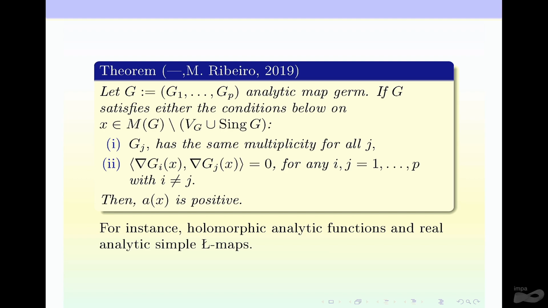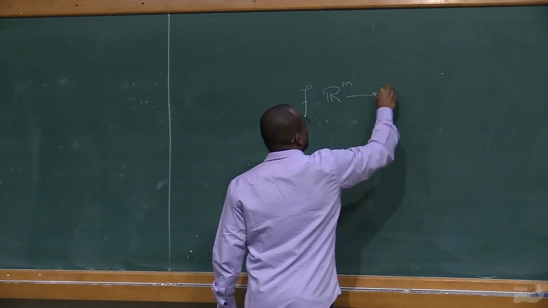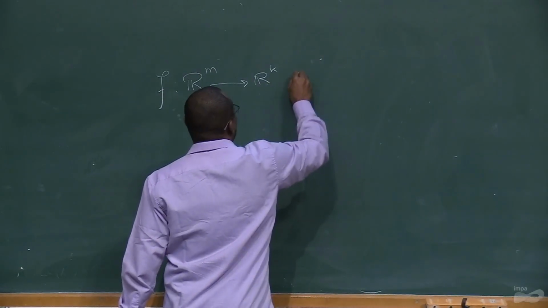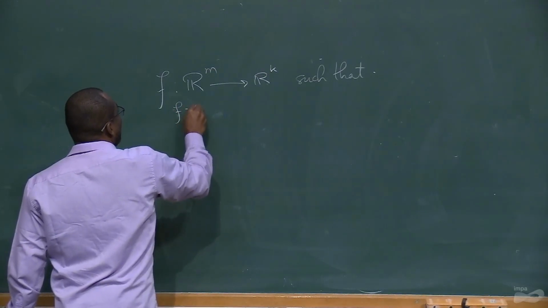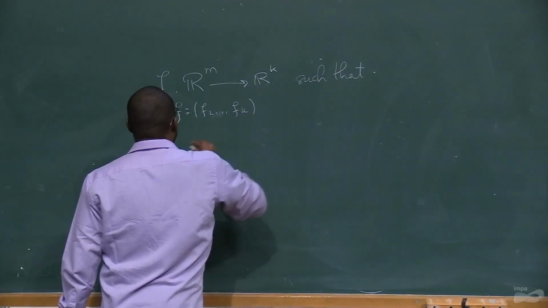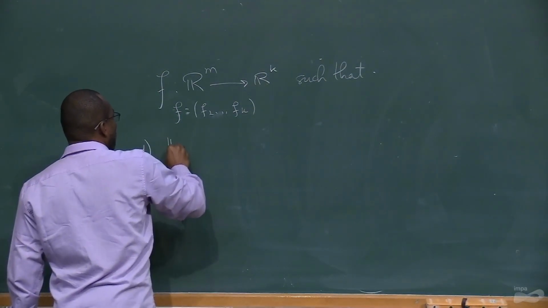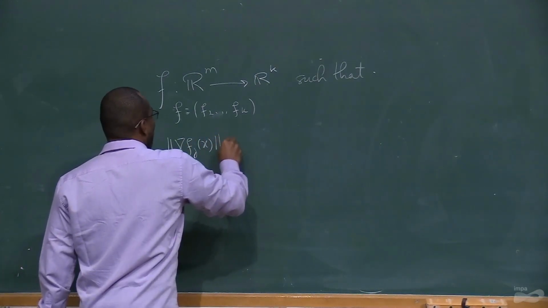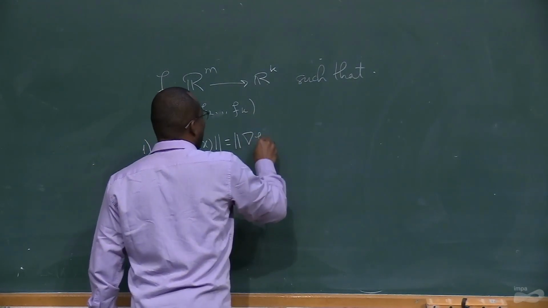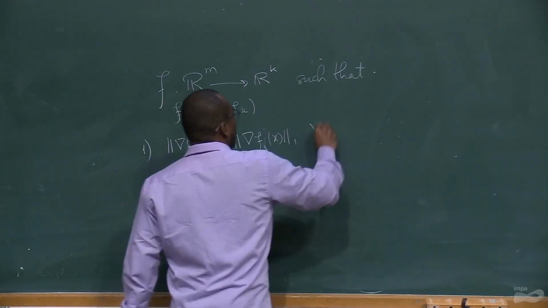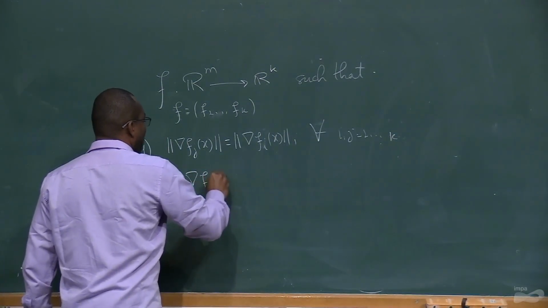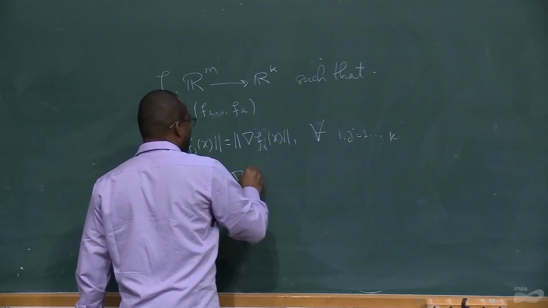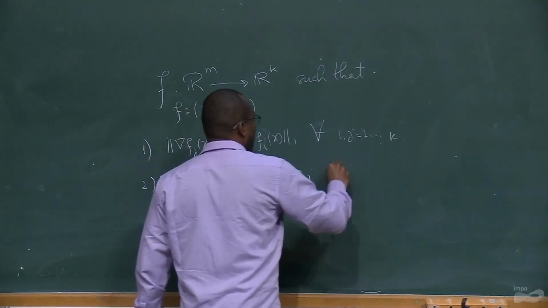So a harmonic morphism is a mapping from R^m to R^k, f = (f_1, ..., f_k), such that the absolute value of the gradient of f_i is equal to the absolute value of the gradient of f_j for all i, j, and the dot product of the gradients is 0 for i different from j.